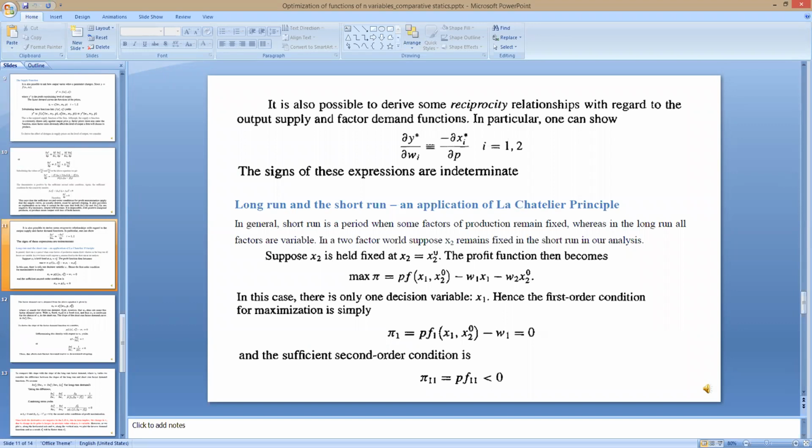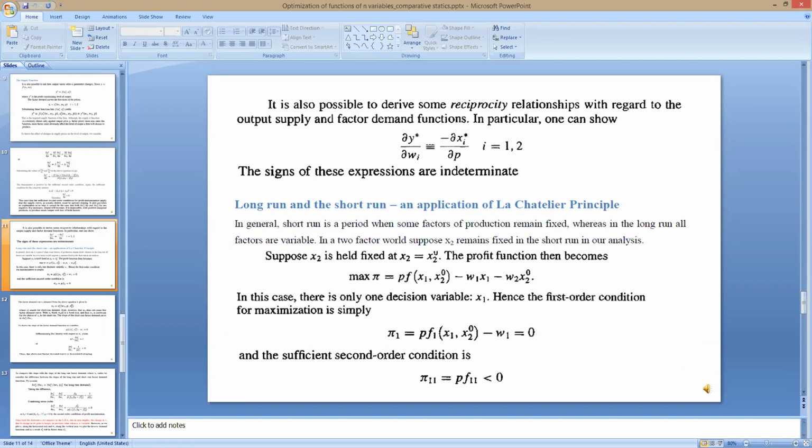Is Pratyush there in the line? Roll number 3, 4, 5. Yes. Ma'am, can you hear me?